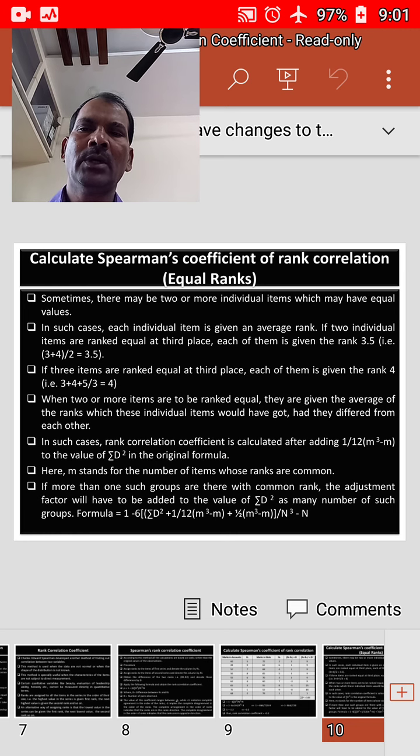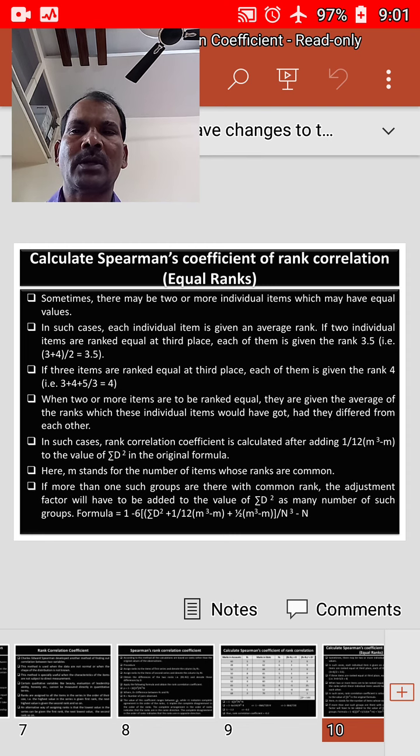For example, if 2 individual items are ranked equal at third place, each item is given the 3.5th rank. That means 3 plus 4 by 2, that is 3.5. The positions will be added and divided by the number of places we are considering.